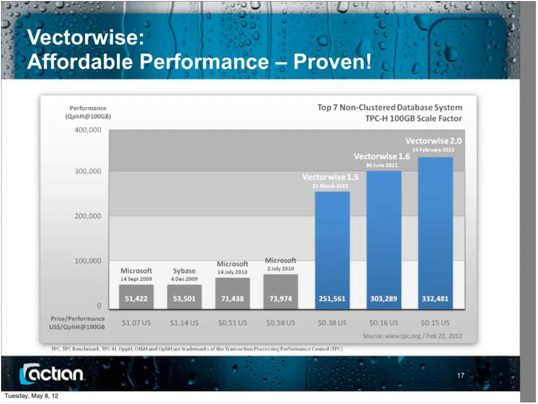And what you'll see if you look at the gray bars from other companies is that this benchmark advances maybe 10, 15% every year until VectorWise came along. In early 2011, we published the first benchmark with VectorWise, and we received a score that was almost 4 times the previous best.